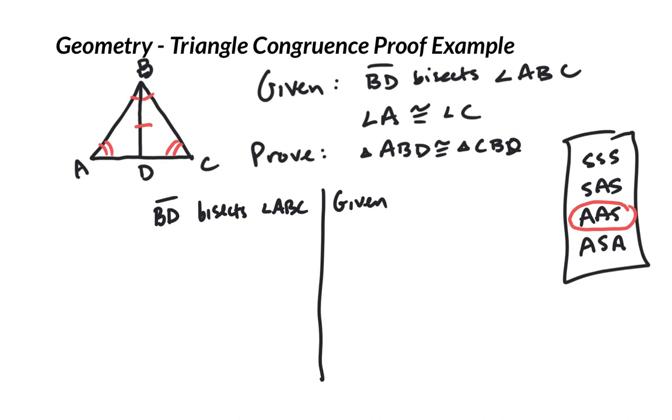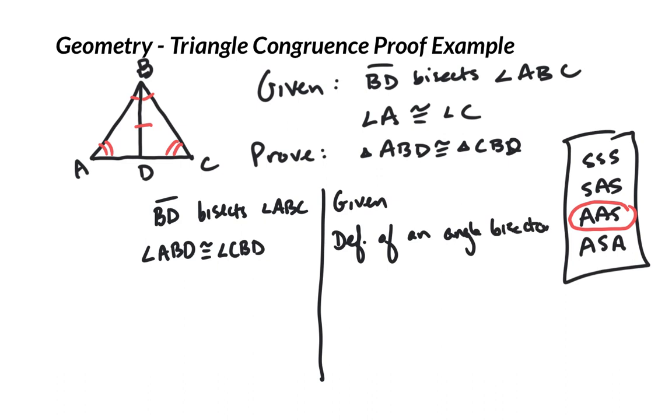So in this case, I would say what that tells me is that angle ABD is congruent to angle CBD because that is the definition of an angle bisector, that it cut that into two equal pieces.